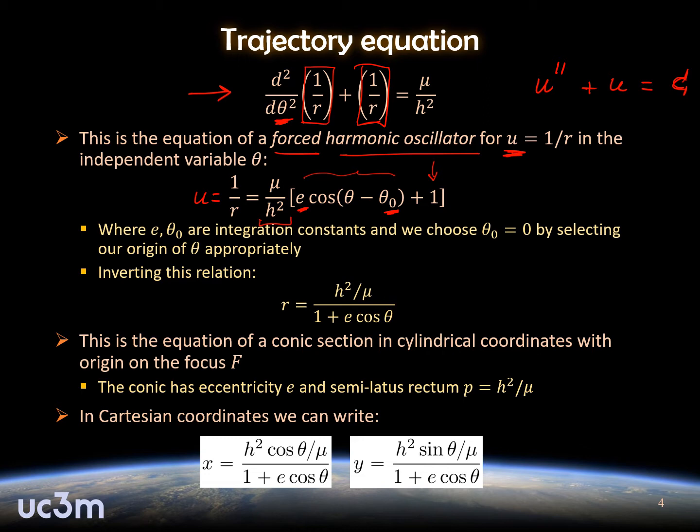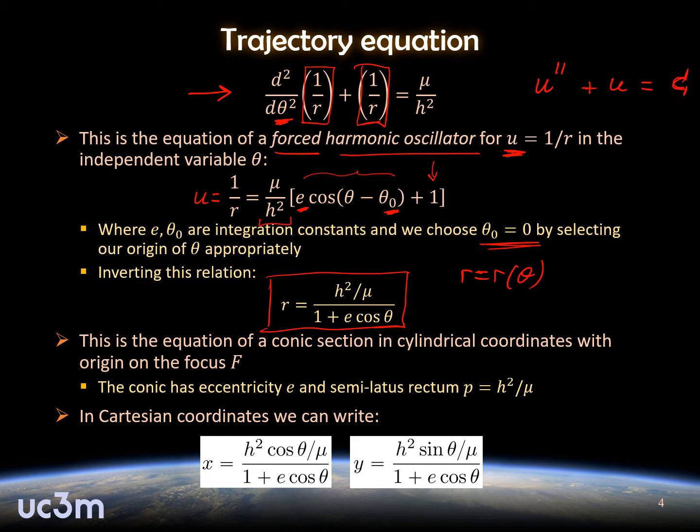Now we can actually choose whatever value for theta 0 we want, as long as we choose our origin for theta, the reference for theta, in the appropriate way. So without loss of generality, we can make theta 0 equal to 0. If we solve for r, we finally obtain this expression, which is the equation that we were looking for. This is the expression of r as a function of theta, and it is therefore the equation of the trajectory.